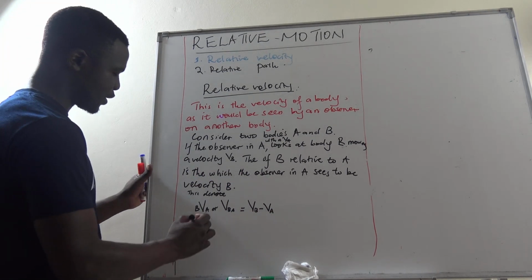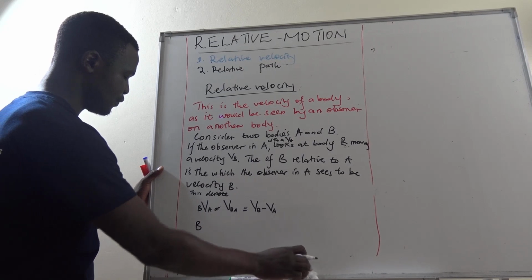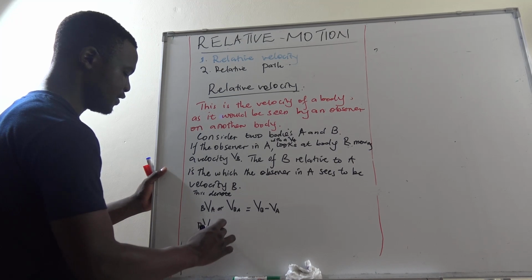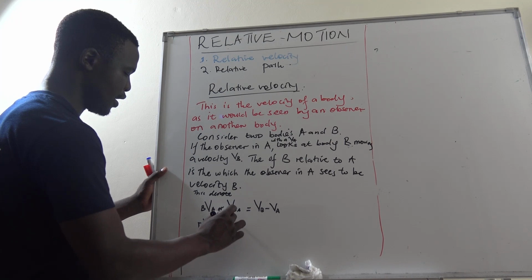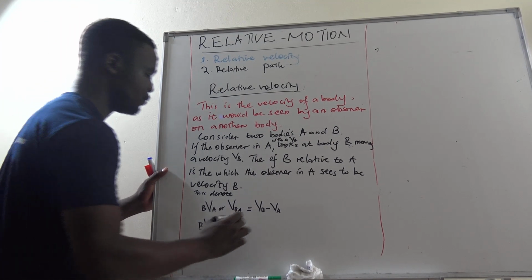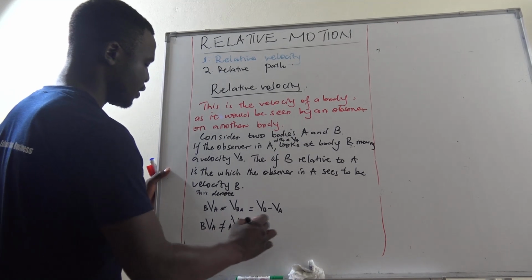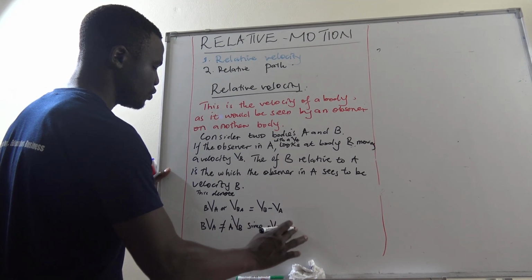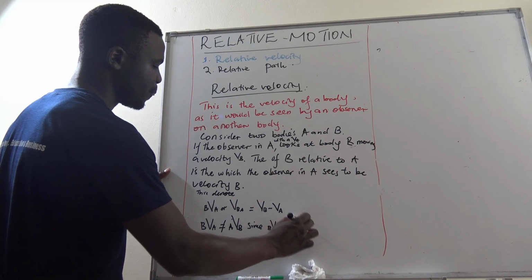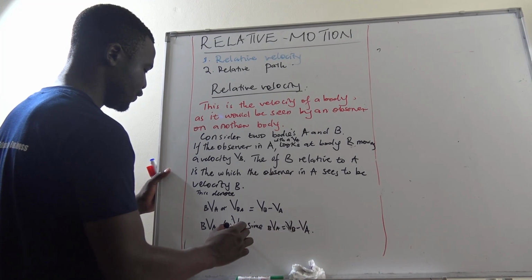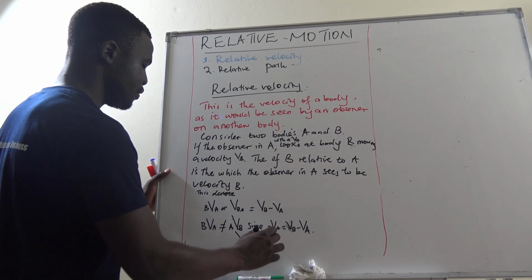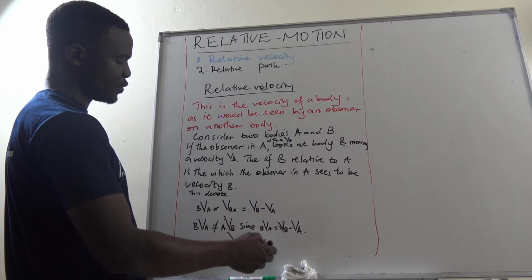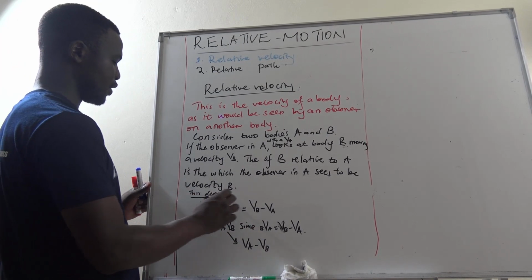Now, another thing that you should know is that the relative velocity of B to A is not equal to the relative velocity of A to B, since the relative velocity of B to A is equal to the velocity of B minus A. Now you see, for the other case, this is VA minus VB, and if VB was greater than VA, when you substitute here, you cannot get the same result.